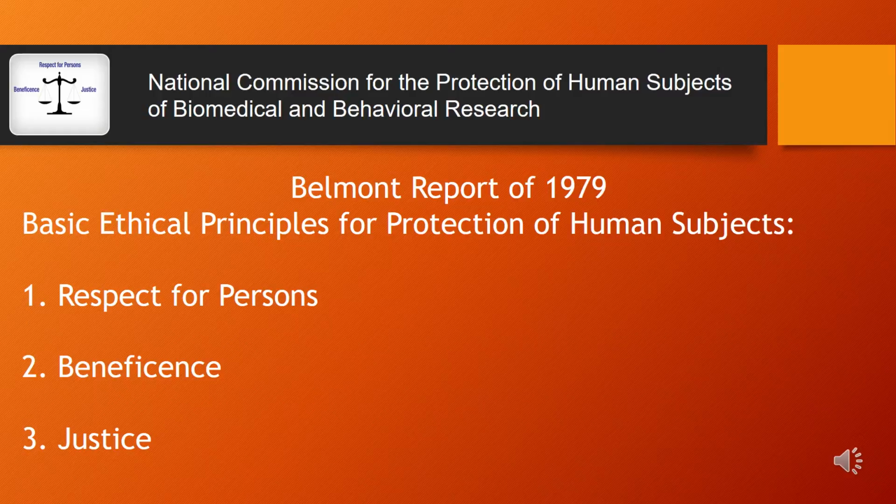Number 1, respect for persons. Treating persons as an autonomous agent and protecting those with diminished autonomy. Number 2, beneficence. Minimizing possible harm and maximizing benefits. Number 3, justice. Distributing benefits and risks of research fairly.